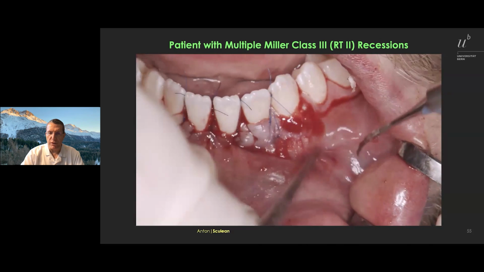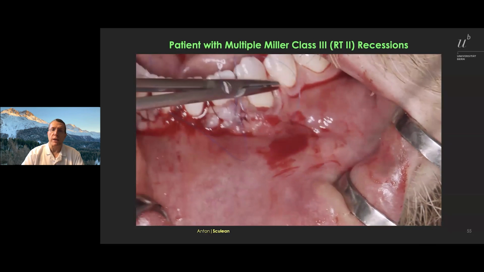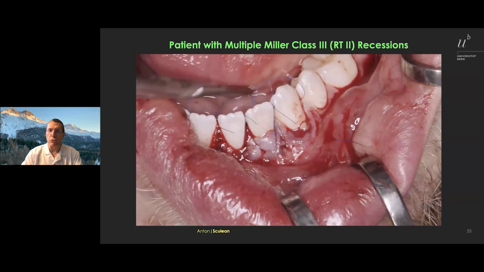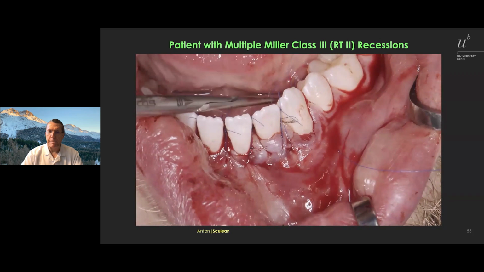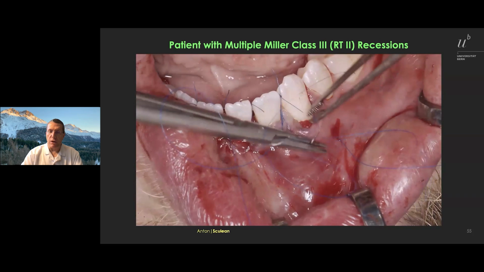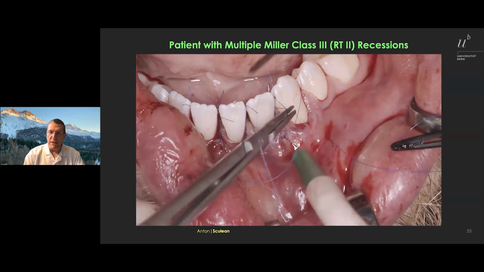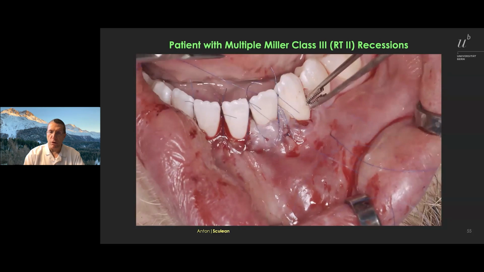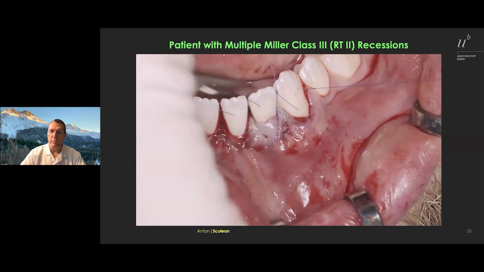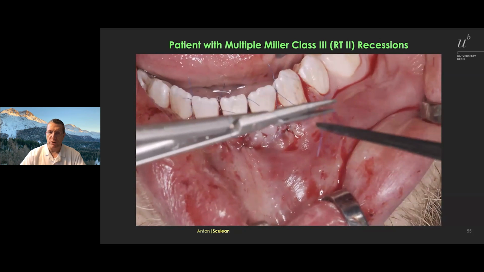I have stabilized it. And now I use two sling sutures, one wide sling suture that encompasses the mesial and the distal papilla going to the basis, and I pass through the soft tissue and through the collagen matrix.